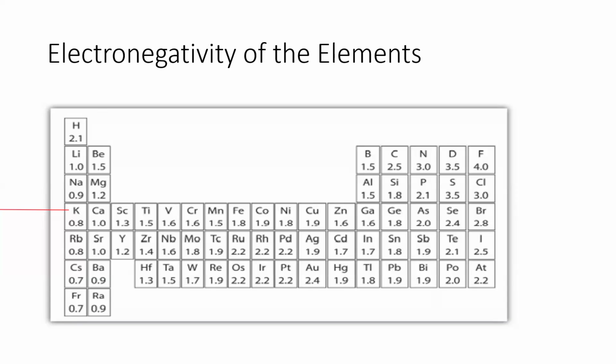It doesn't mean that they cannot, but if they don't have 8 electrons, that means they want to bond. That's the reason why you see the noble gases are inert: because they have their 8 electrons.